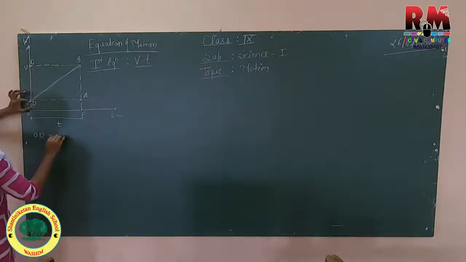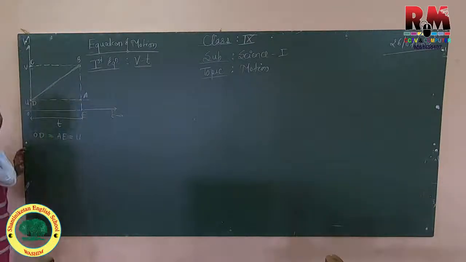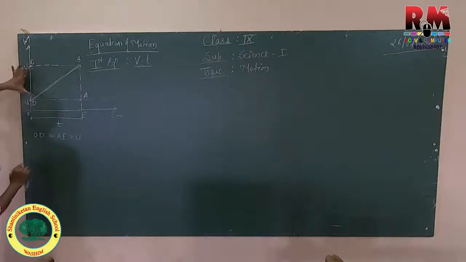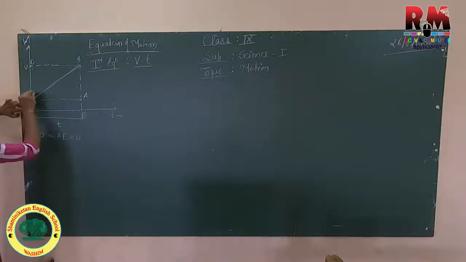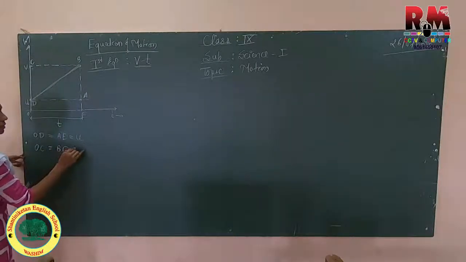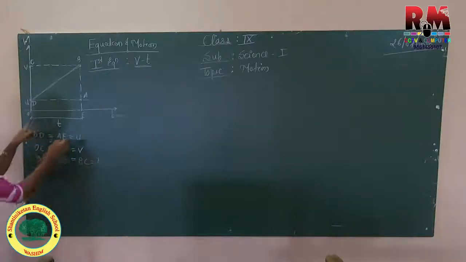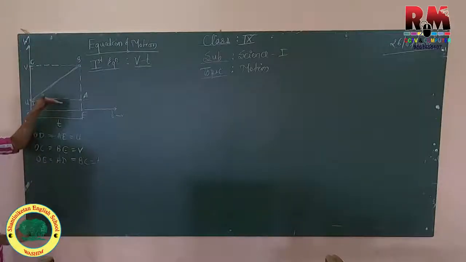OD is equal to AE, which is equal to 0 to U, that is U. From here if we measure, its velocity is U. Then OC, from 0 to V. OC is equal to VE is equal to V. Now OE is equal to AD is equal to BC, which is T. I already said rectangle opposite sides are equal.